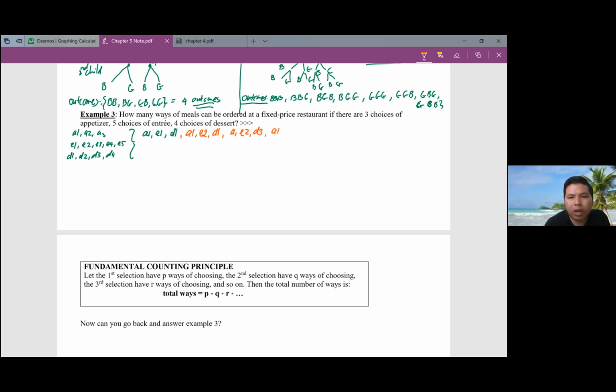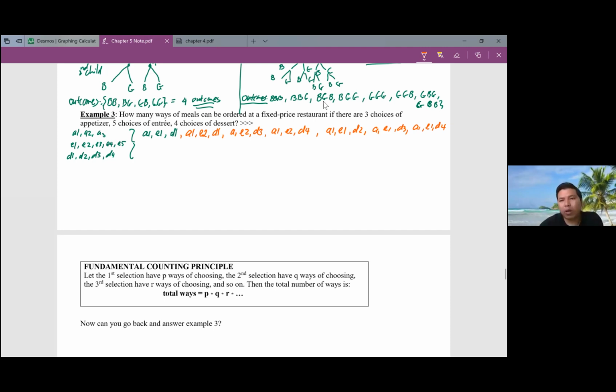I can have A1, E2, and D4. Or I can change it a little and have A1, E1, and D2, or A1, E1, and D3, or A1, E1, and D4. That's also another option I can choose, and so on. You can see it's going to be crazy to count all the combinations.